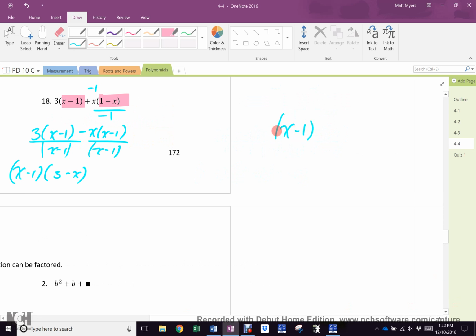X minus 1 is just x minus 1. Negative 1 times 1 minus x. What's negative 1 times 1? Negative 1. What's negative 1 times negative x? Positive x. Positive x minus 1 is the same thing.